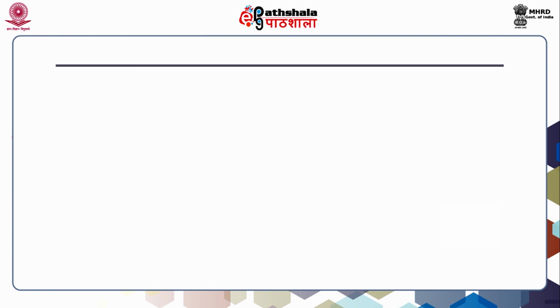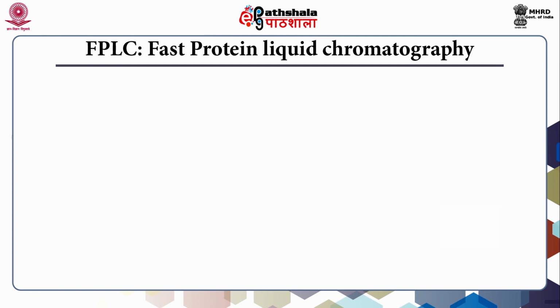In the next slide, we are going to discuss another alternative for HPLC, that is FPLC, fast protein liquid chromatography. Fast protein liquid chromatography is mainly useful for biopolymer separation, for example protein separation or DNA separation.